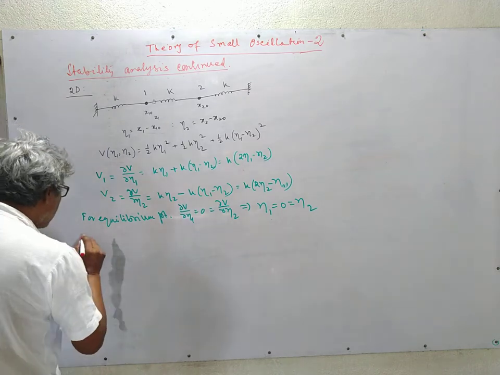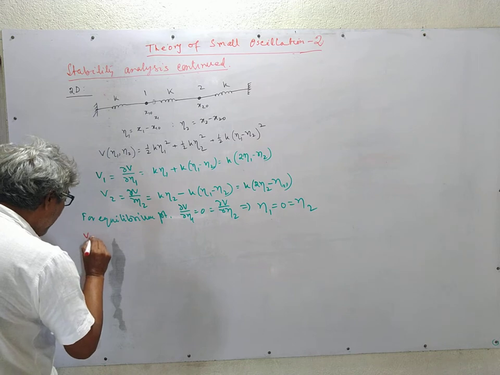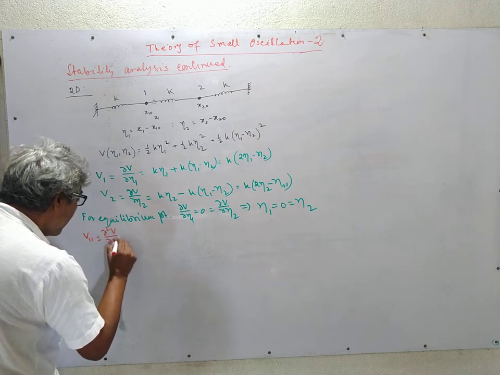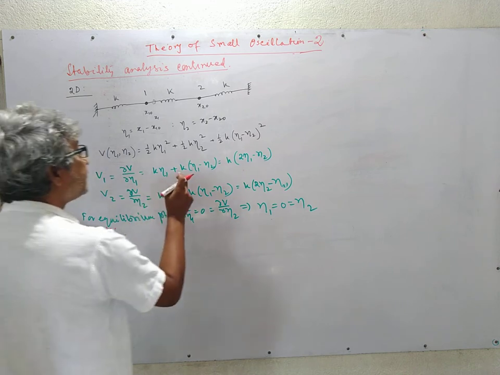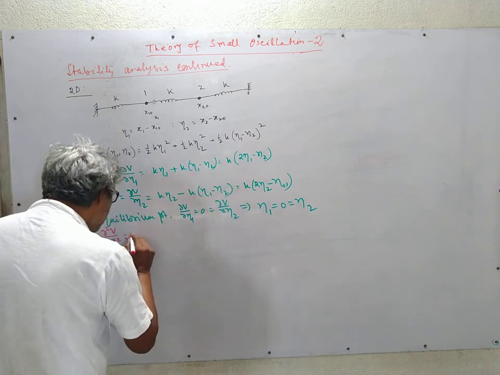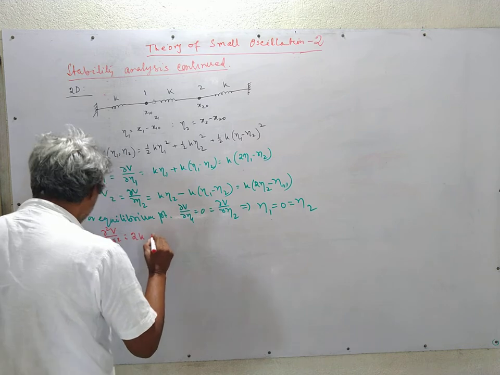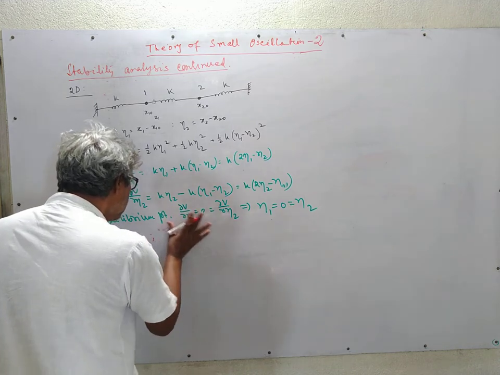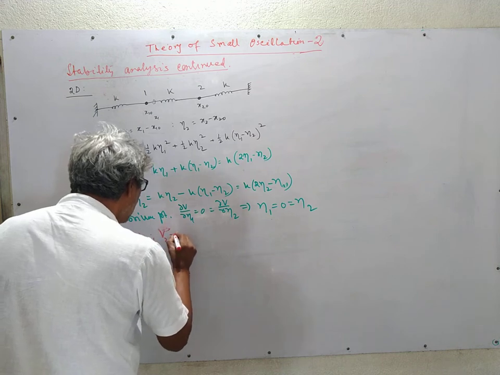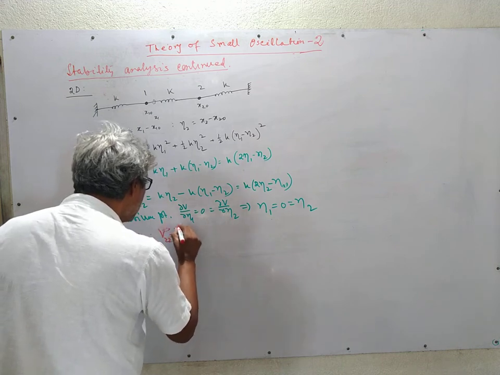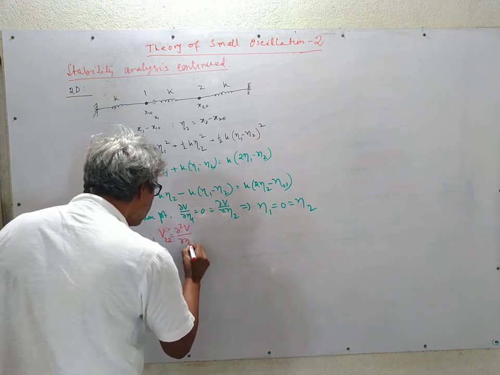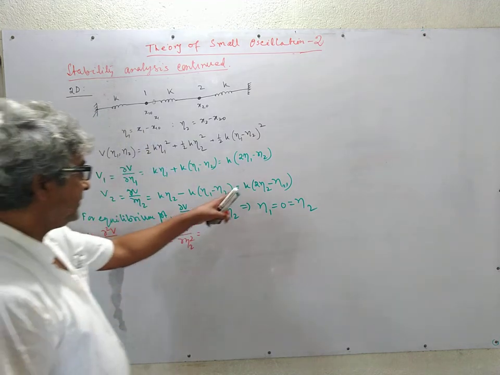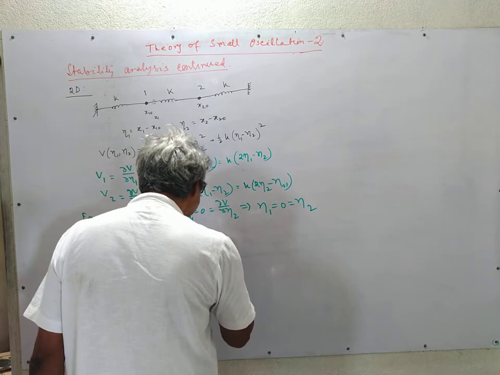From this we can calculate V11, which is del 2V del eta 1 squared. If we differentiate it, this gives just 2K. Similarly, V22 is del 2V del eta 2 squared, which is again 2K.